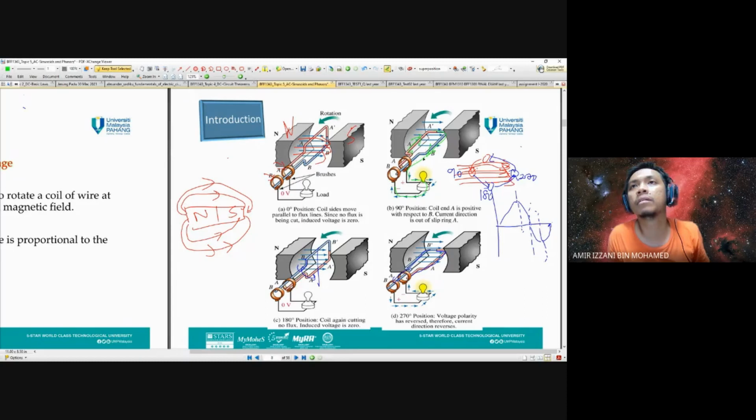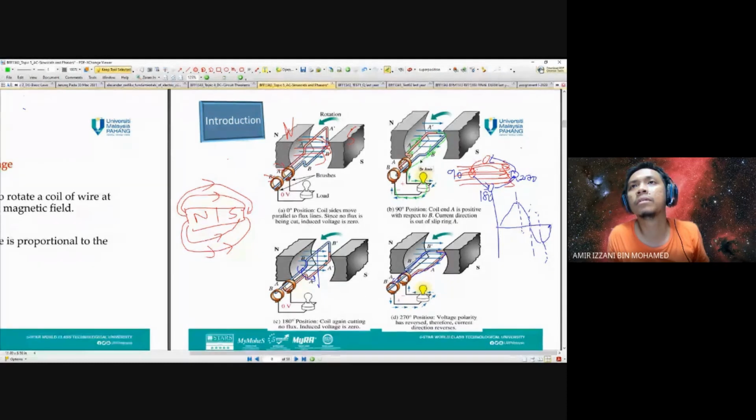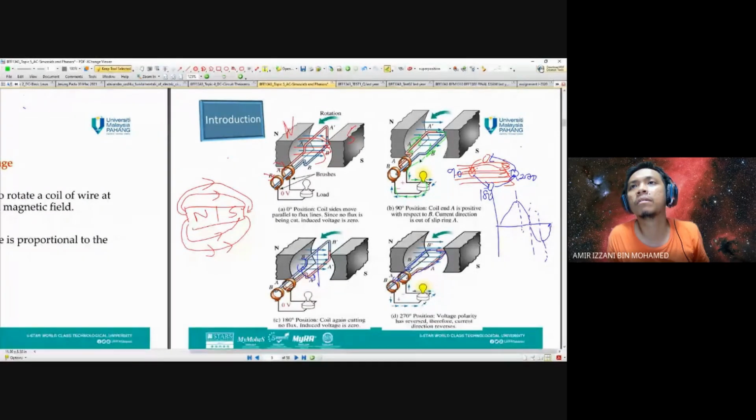Why is A positive? You can try to verify this figure.